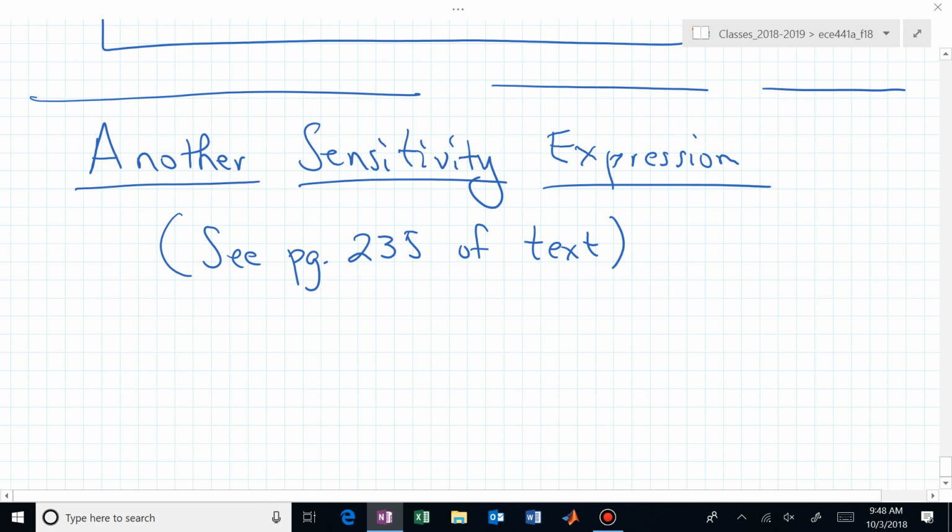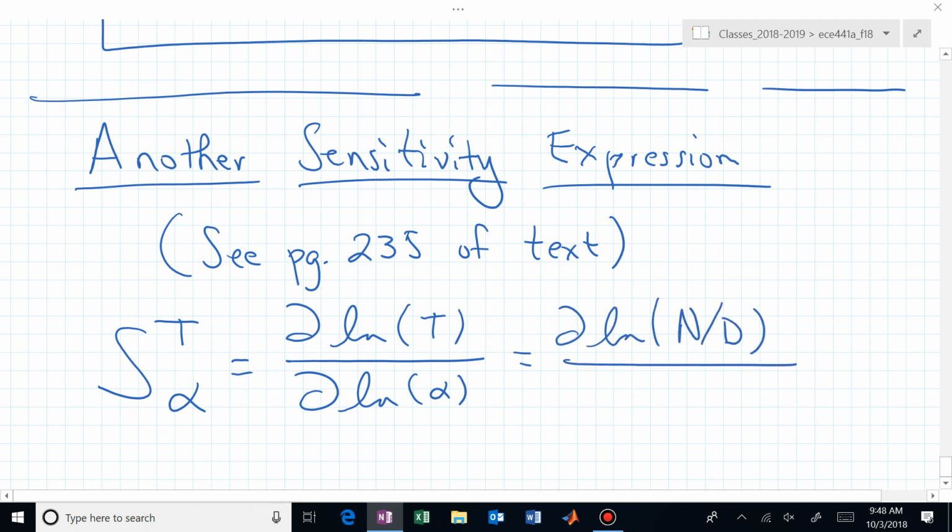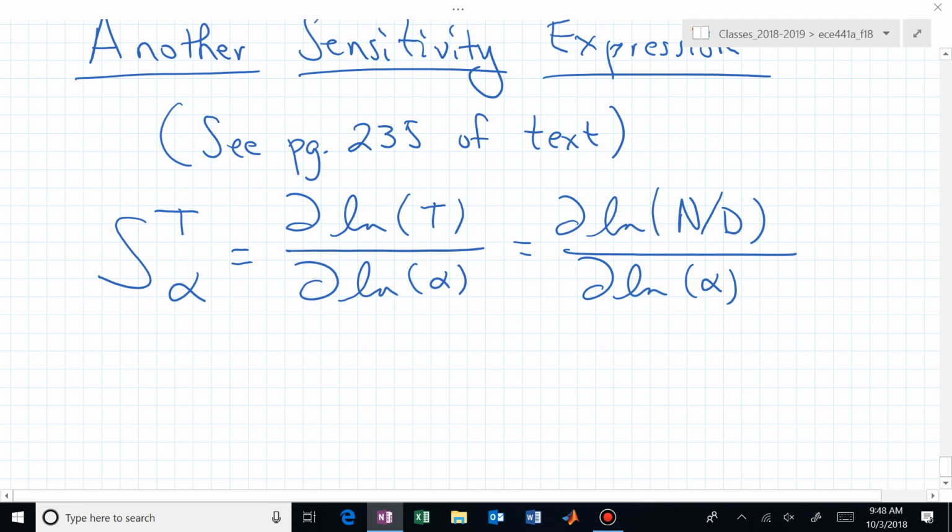But this is now the sensitivity of T with respect to alpha. We can write it as the partial of natural log of T over the partial of natural log of alpha. But T is usually a numerator over a denominator. So now we can play with the power of logarithms and products or quotients. What happens if we now take the log of a quotient?